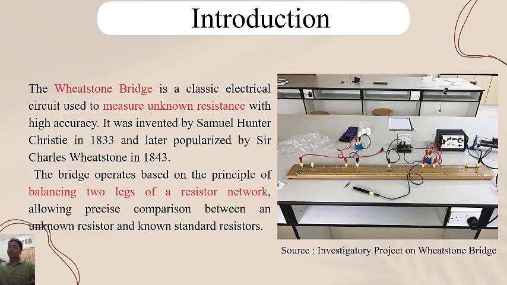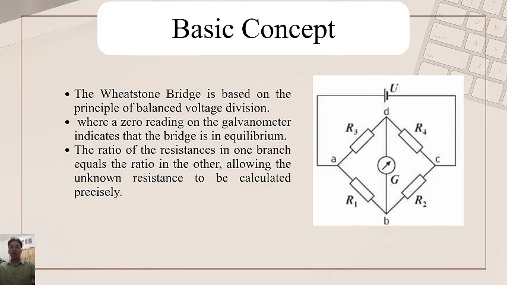The next is the basic concept of the Wheatstone bridge. The Wheatstone bridge is a highly effective and accurate electrical circuit used to measure unknown resistance by comparing it with known resistors. Its operation relies on the principle of balancing two voltage divider networks, where a zero reading on the galvanometer indicates that the bridge is in equilibrium.